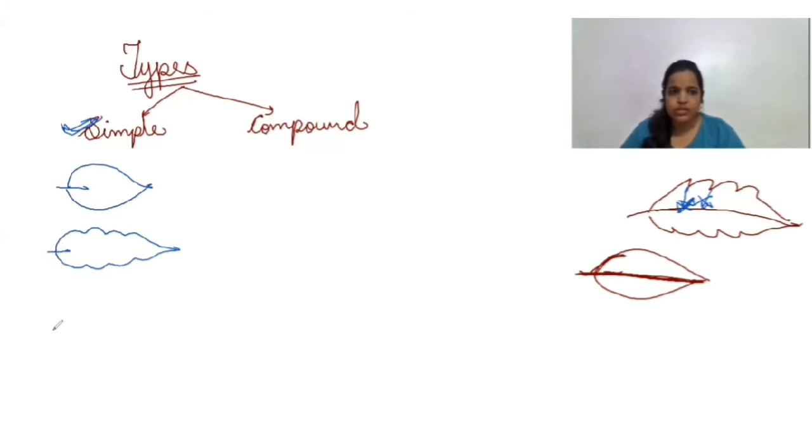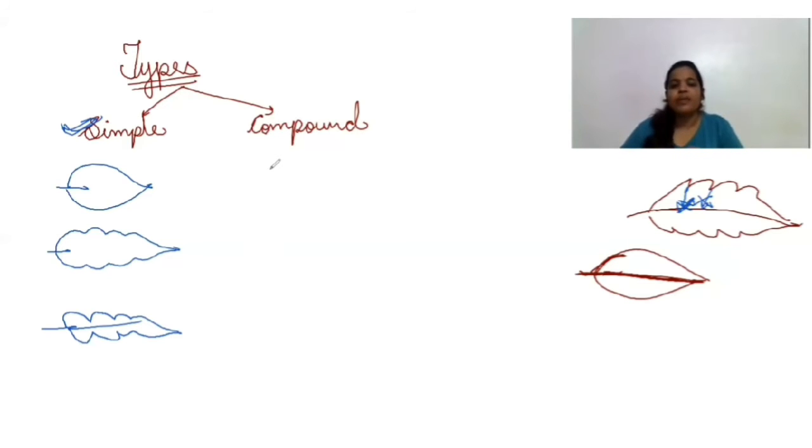This one is also a simple leaf, and then again we have got another one, which has come very close to the midrib, but it hasn't touched the midrib. It means it is a simple leaf, guys. So different structures of leaf are there, but the borders, the corners of the leaf should not touch the midrib. These all leaves are the simple leaves. That's all in the simple leaves. No examples, nothing, guys. Wow.